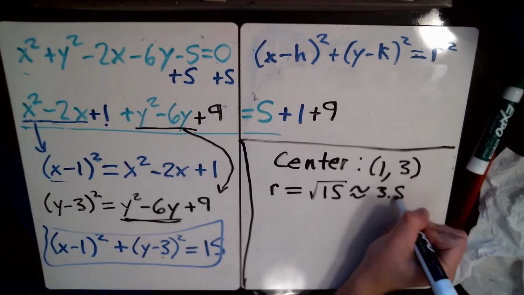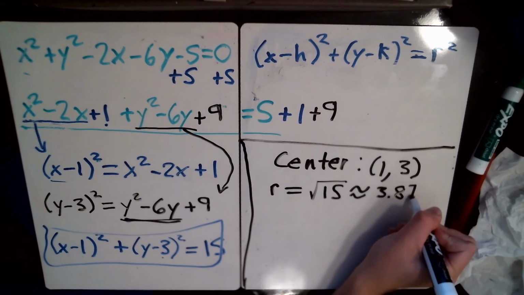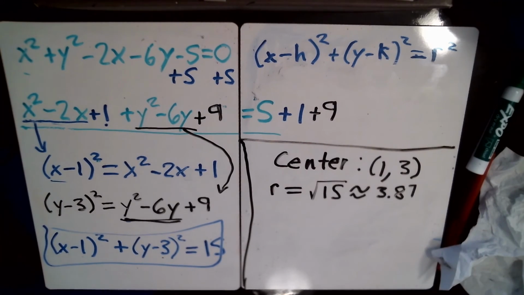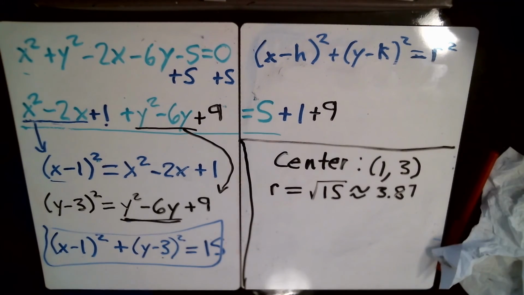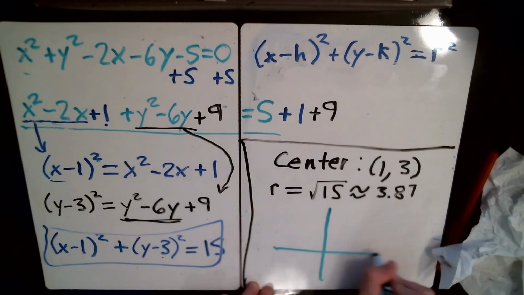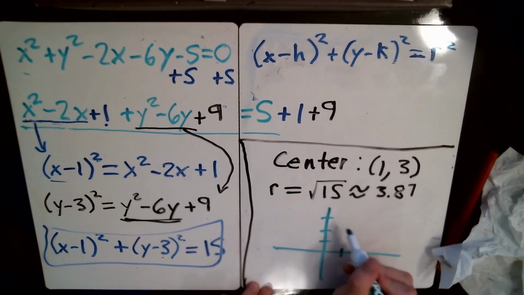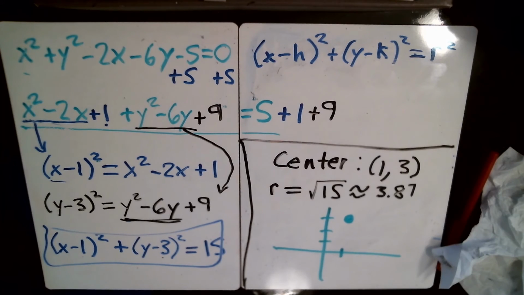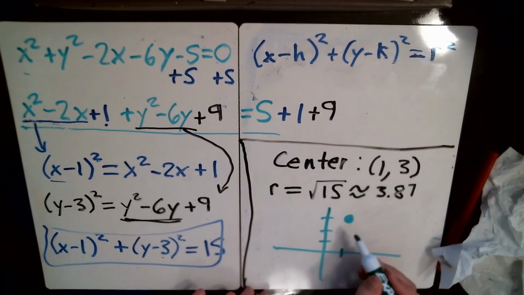This is about 3.87, it looks like. Okay. And so, what is the graph of my circle going to look like? Well, the center's at 1 and 3, so we're right there. That's our center. Okay, and then the radius is almost 4, 3.8.